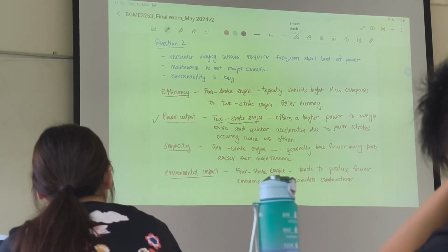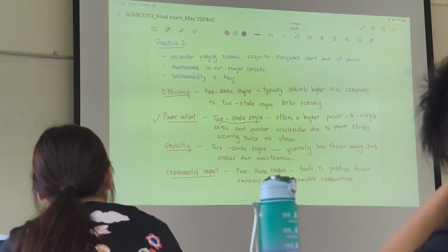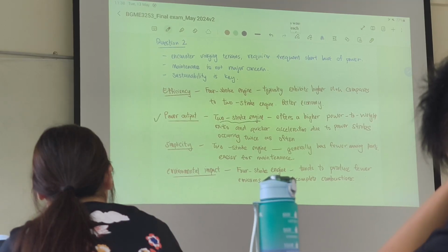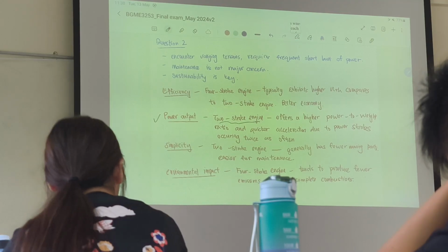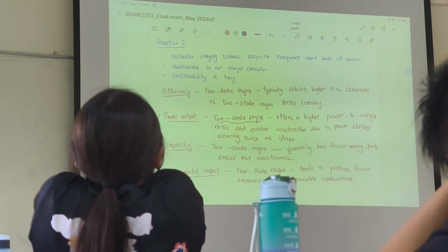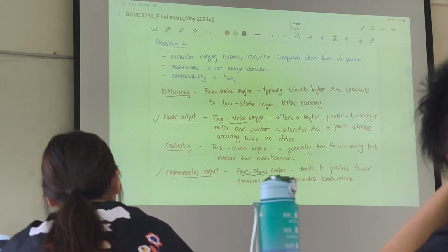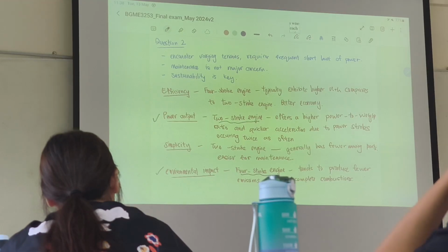So two-stroke engine scores 1 basically. Maintenance is not a major concern, so the simplicity part actually doesn't really matter as much. And sustainability is key, so we know environmental impact is important. So if we only look at these two, we have 1 to 1 with four-stroke engine. So which one do you choose?